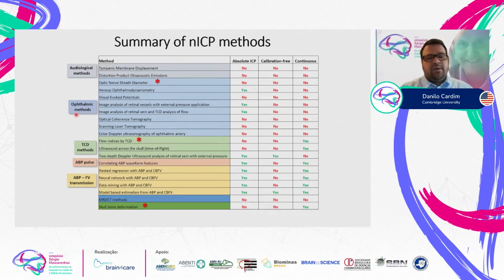And then we also have methods that are based on ultrasonography, mostly relying on transcranial Doppler ultrasonography. My previous colleagues have already talked about some of these methods, but I'll stress it again here. These methods mostly rely on indices extracted from the cerebral blood flow velocity waveform obtained with transcranial Doppler ultrasonography.